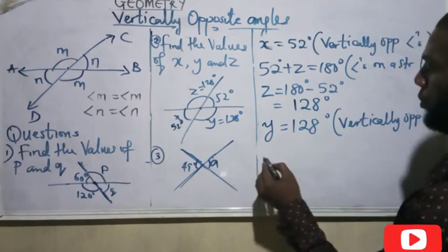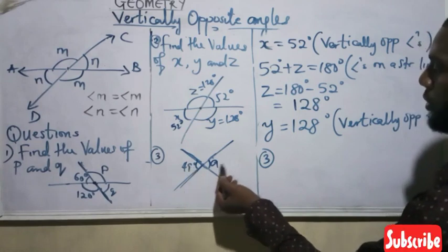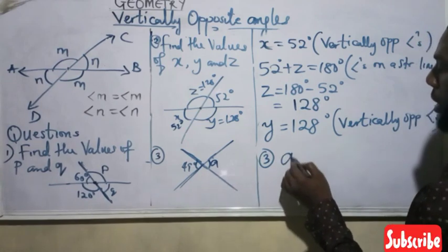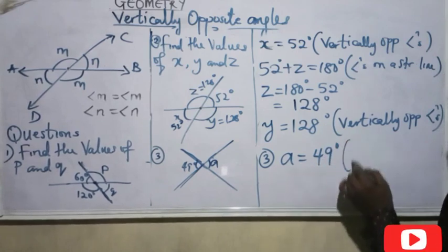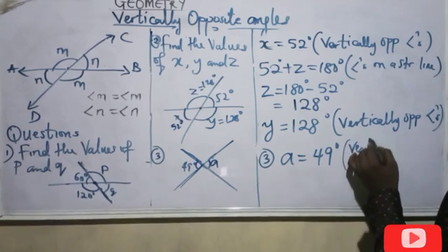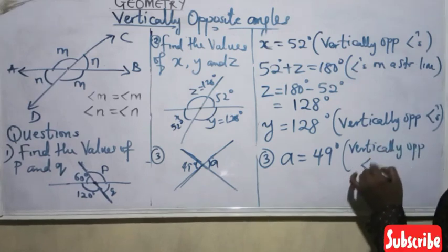And also, number 3, since this is 49 degrees, then what is going to be my a? My a will automatically be 49 degrees. Reason, vertically opposite angles.